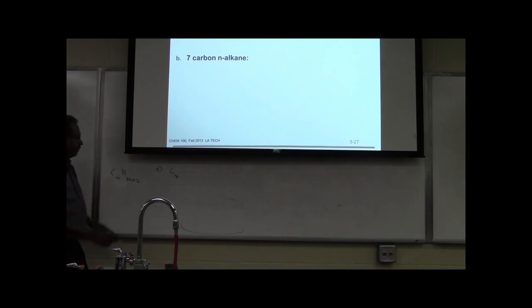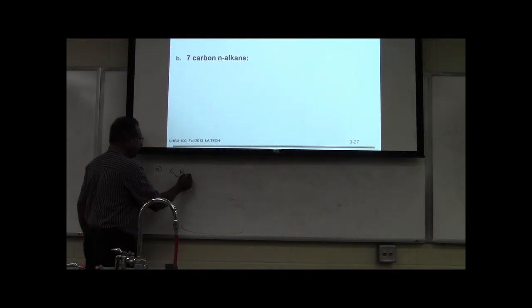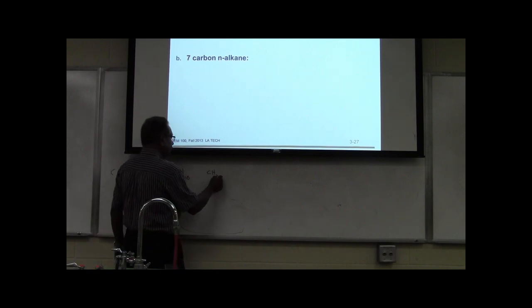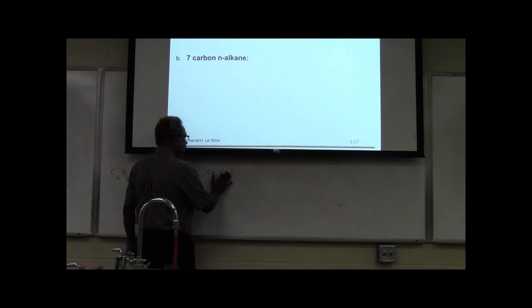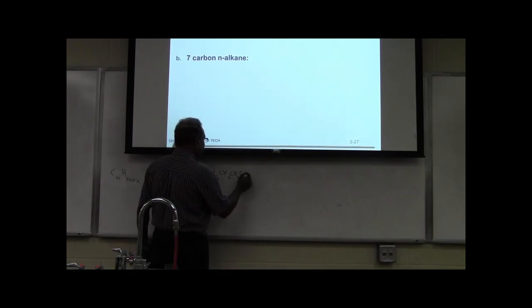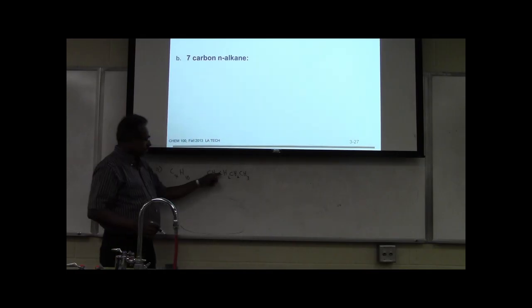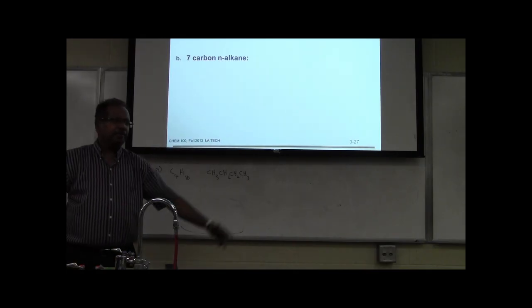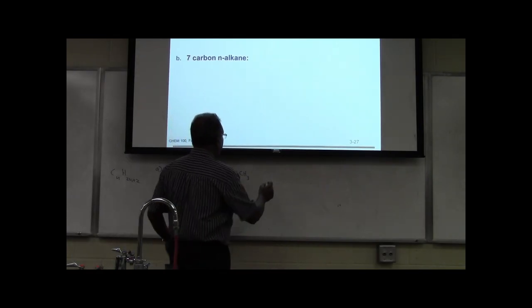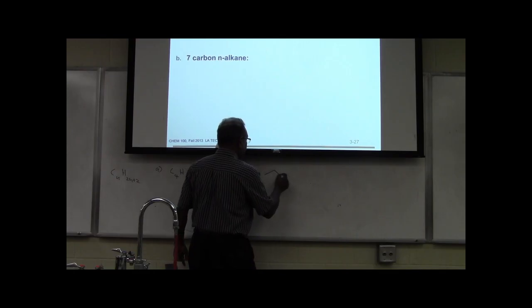That is 10, right? That's the molecular formula. What is the condensed formula? Now, in a straight chain, the middle of the chain always has what? CH2s. The terminal atom has CH3. Condensed and line formula. Line formula. 1, 2, 3.